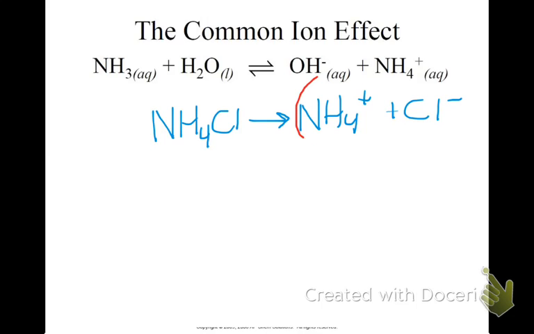And once again, since we're generating more of those NH4+, we're going to increase the concentration of the NH4+. That will drive the equilibrium back to the left.